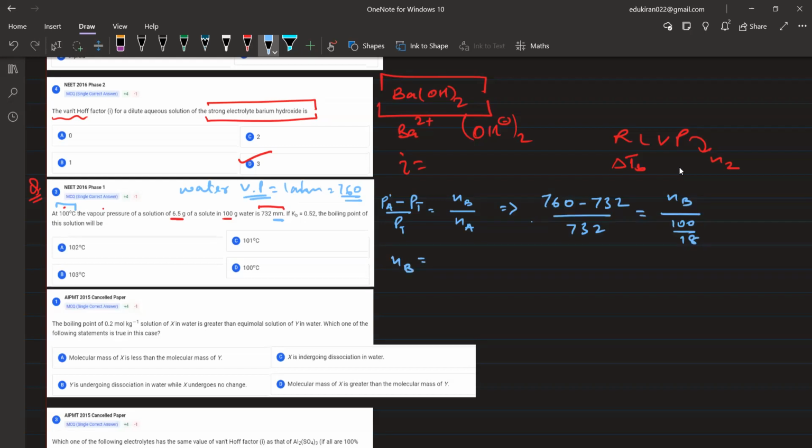It will be equal to 100 upon 18 into 760 minus 732. How much will this be? What will be 760 minus 732? 28, right? 28 upon 732? Yes or no guys, please tell me. Is it correct? Yes or no? Come on, tell me something, is it correct or not?